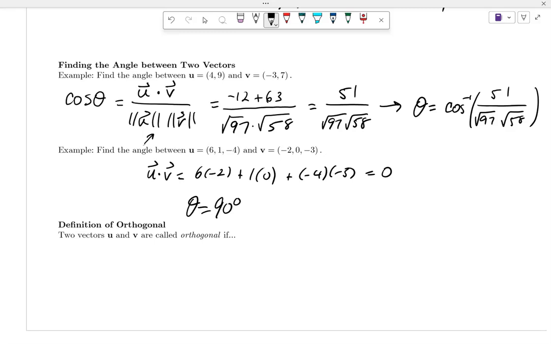So this leads us to our last little definition here. It's the idea of being orthogonal. Orthogonal is a fancy word for perpendicular. But we want orthogonality to make sense regardless of what type of vectors we're talking about. Perpendicularity is a Euclidean concept, but not all of our vectors are Euclidean vectors.